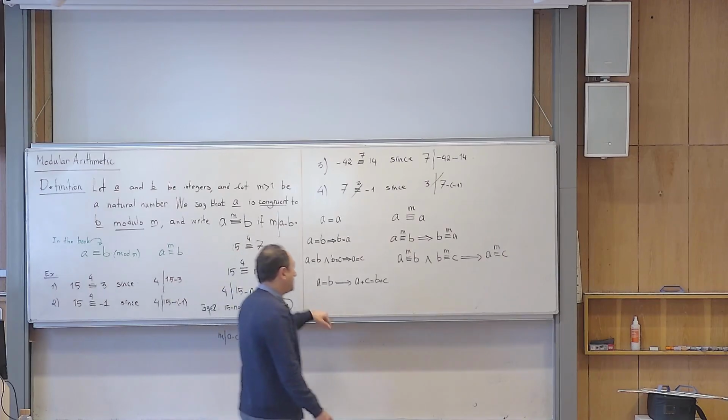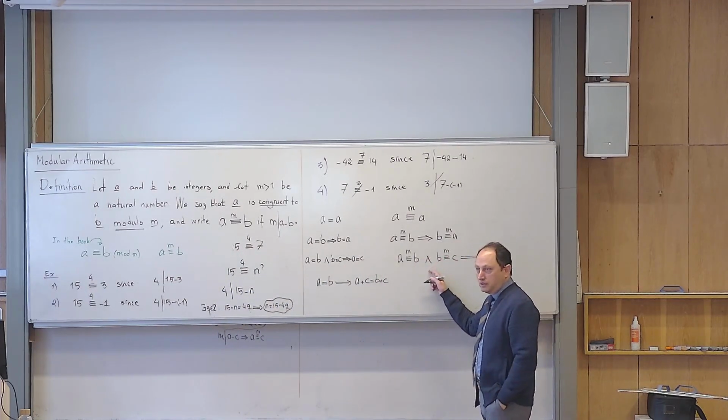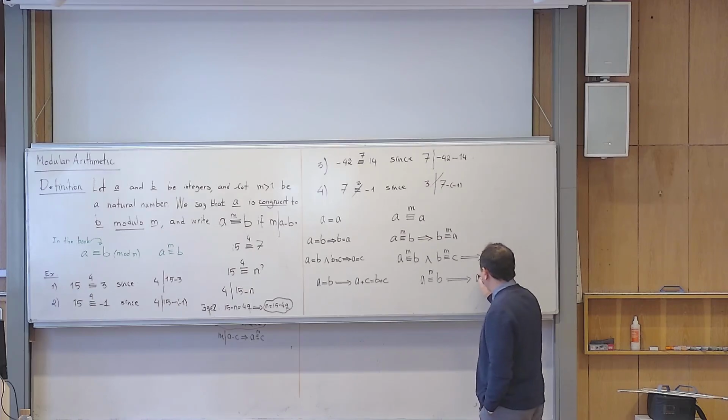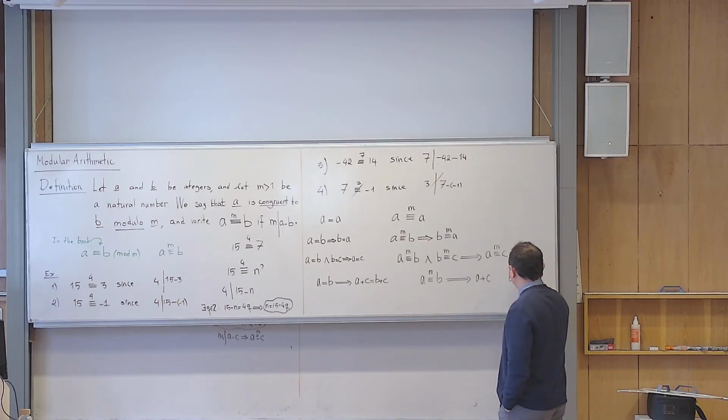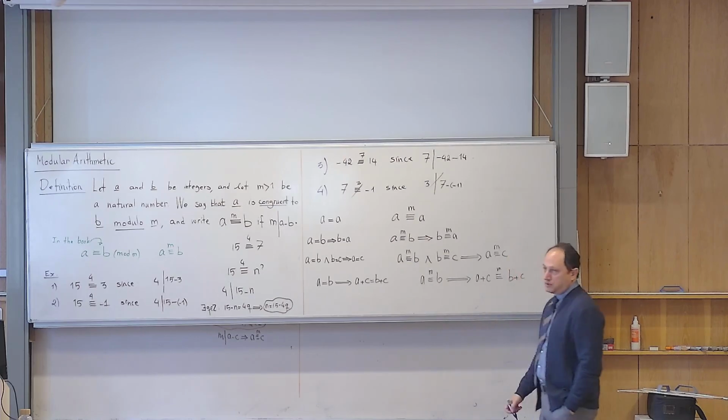Okay, and now the question is, do we have some property like this when it comes here? And the answer is fortunately yes. So if A is congruent to B modulo M, and if C is any number that you like, you can add C to this, add C to this, and still they remain congruent. If this is true, this is granted to be true as well.